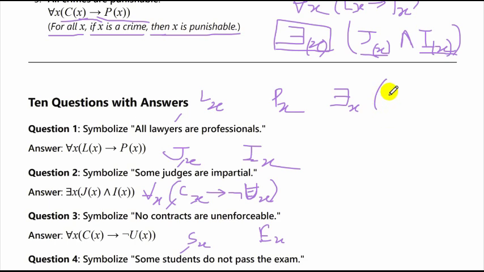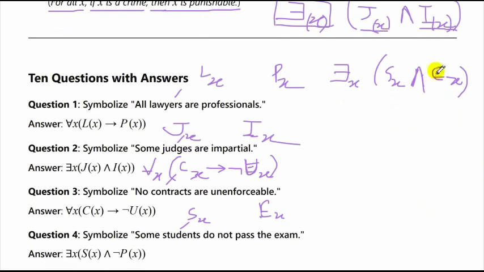So there exists an x such that Sx and Ex. Should it be negated here? Let's check the answer. Yes, it should have been negated here. Pass the exam, do not pass the exam. So we say not pass the exam.